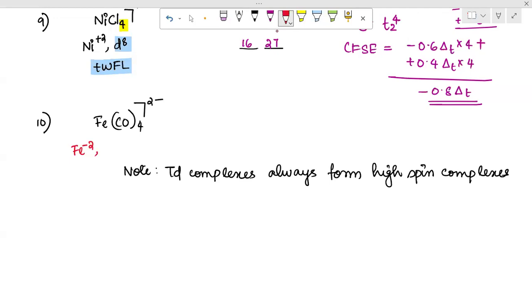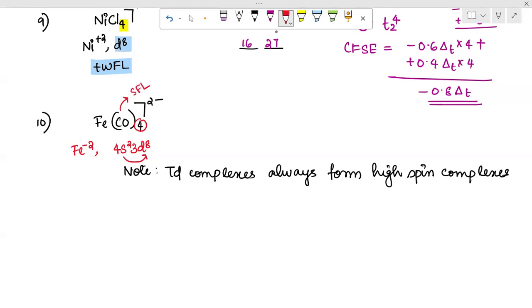So iron is actually 4s2 3d6. But then it has got 2 more electrons and hence it will become s2 d8. We have said that whenever you have s2 d8 with 4 ligands, it is an example of a converted D10 system.